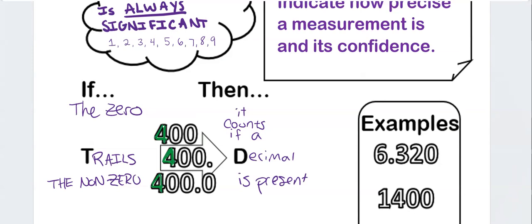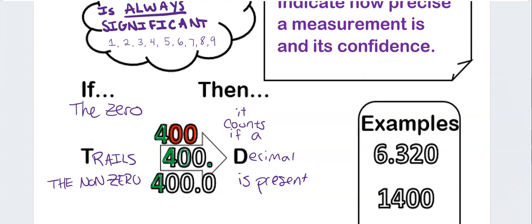They're going to count as sometimes. This is our sometimes rule. So they count if there's a decimal present. In the first example, 400, there is no decimal, meaning these 2 zeros do not count as significant figures. I'll explain the difference between the recordings of these measurements and what they signify in a moment. However, in the next example, there is this decimal.